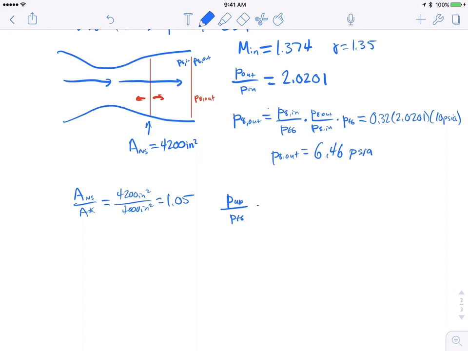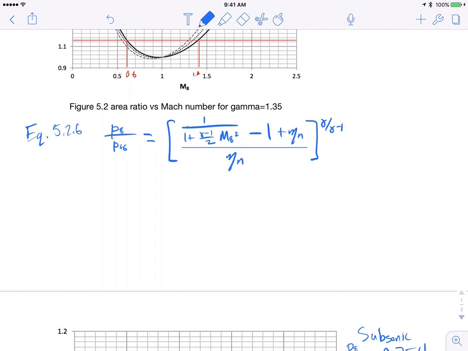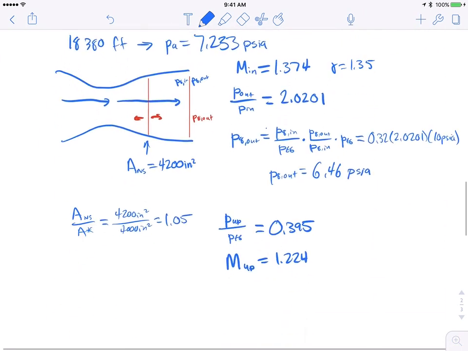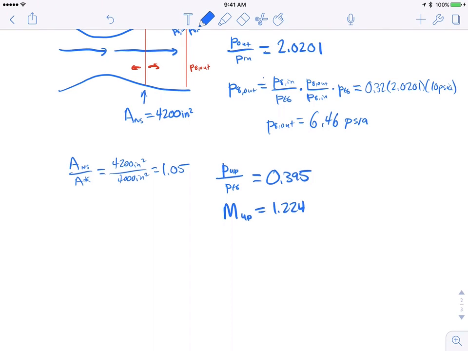That static to total pressure ratio is 0.395. We actually have to get the Mach number first, which would be 1.224, and of course use this Mach number in our pressure ratio equation here to calculate the static to total pressure. And so these give us the inlet conditions to our normal shock wave.